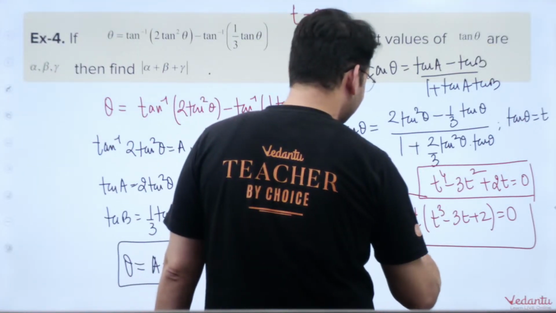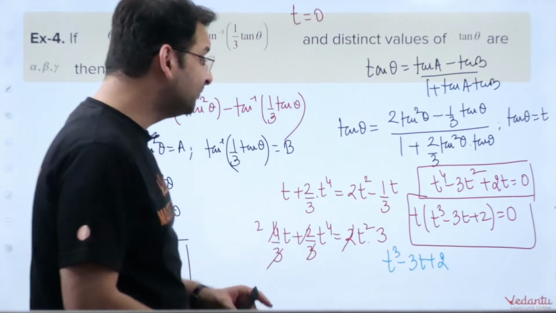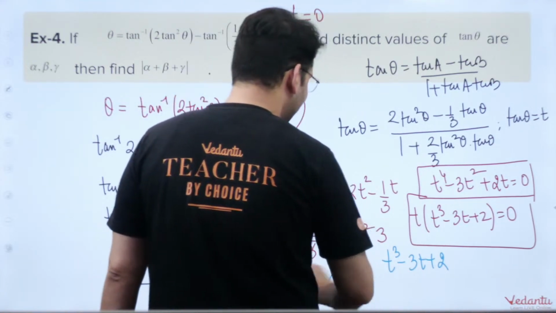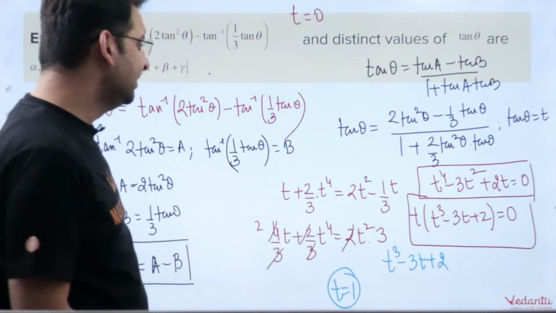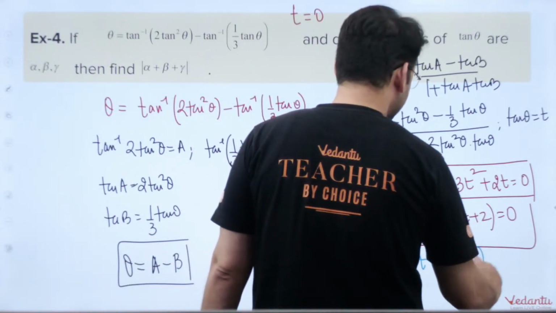T cube minus 3t plus 2. Now clearly this is a cubic equation whose one root can be found using hit and trial, which is t equal to 1. One root by hit and trial is clearly visible. So I can divide by t minus 1.